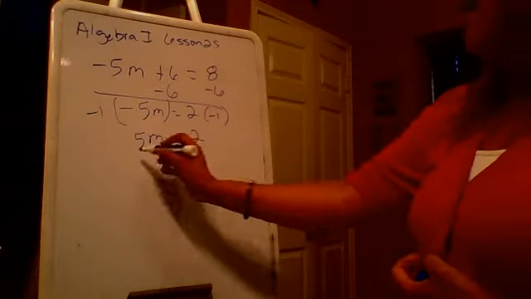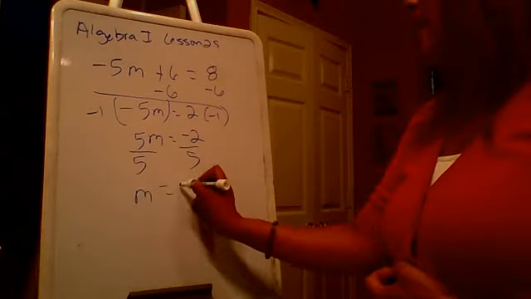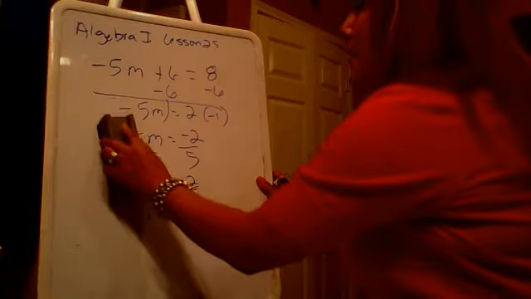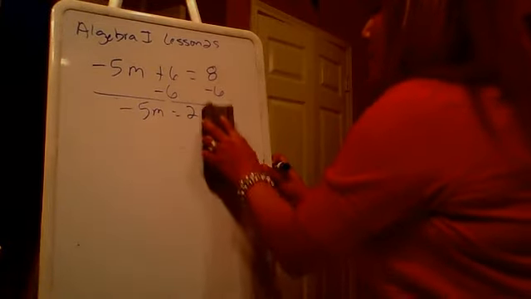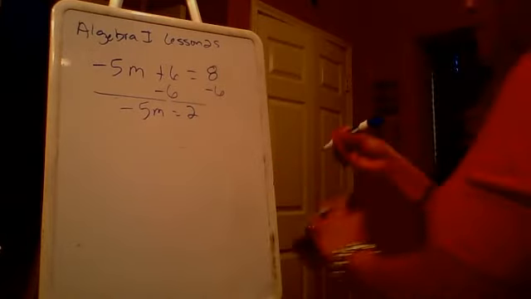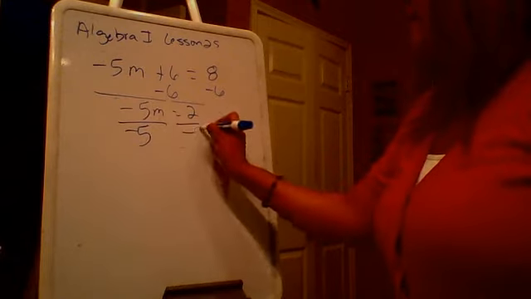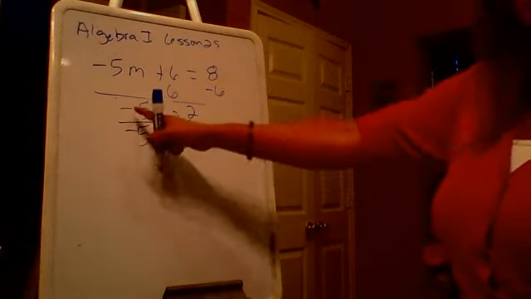Now, when I get rid of my 5, I simply divide both sides by 5 and get m equals negative 2/5. Now, could I have skipped this one step and combined it? I sure could have. I could have said, I'm going to divide both sides by negative 5. But you can't just drop that negative. You have to divide both sides.